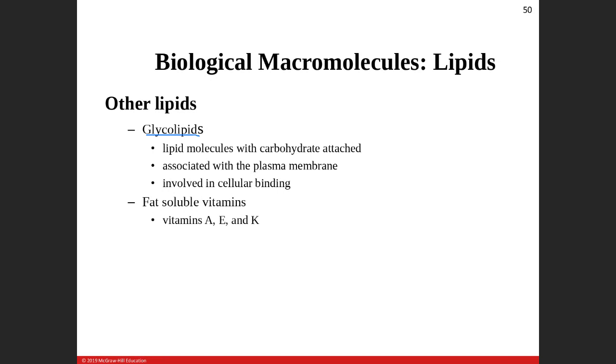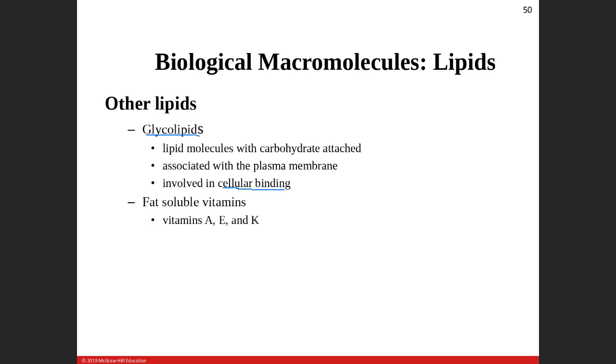You'll see these types of molecules sitting or floating in the plasma membrane, and it's going to be very important because we see that when something is going to bind to a cell, that's important for certain synthesizing processes that go on, especially if that cell makes maybe a hormone, like a beta cell. It's important to get those cells activated and making stuff if that's their function and role, and these glycolipids help in doing so.